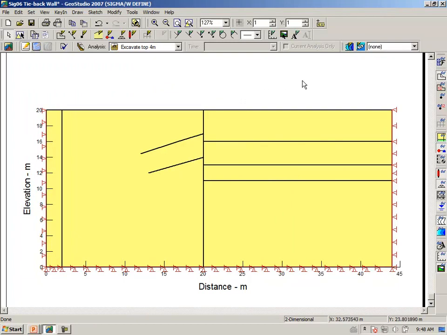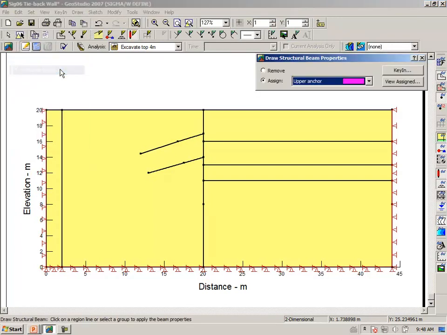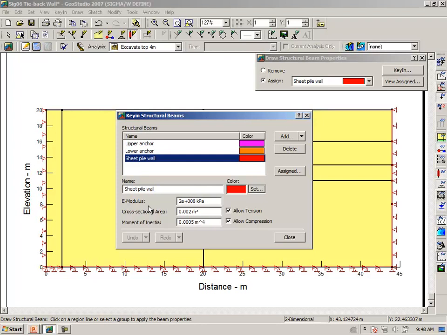Now we also need to install the sheet pile wall, and once again in finite element terminology we say that we wish the sheet pile wall into place. We do this by draw structural beam, and we have a sheet pile wall, and we have a Young's modulus, a cross-sectional area, and a moment of inertia, which represents the bending stiffness of the sheet pile wall.